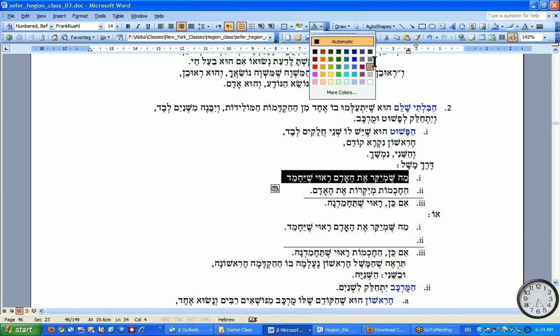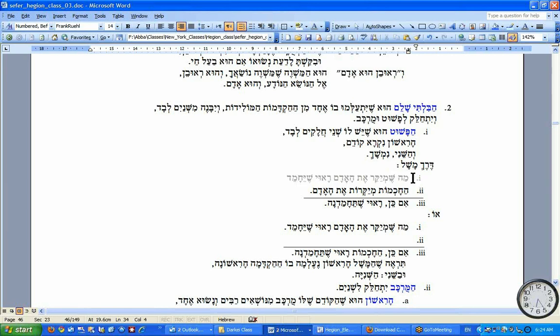The full syllogism should read Ma miyake es ha'adam re'ui sheyichamed hachachmos miyakros es ha'adam im ken re'ui shetichamedna. That's the full Hekesh. What increases the value of a person should be desired. Wisdom increases the value of the person. Therefore, it should be desired. Wisdom should be desired.